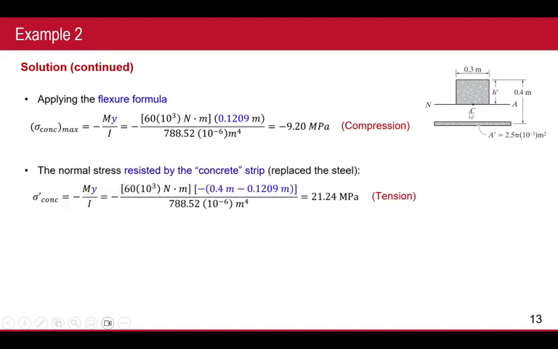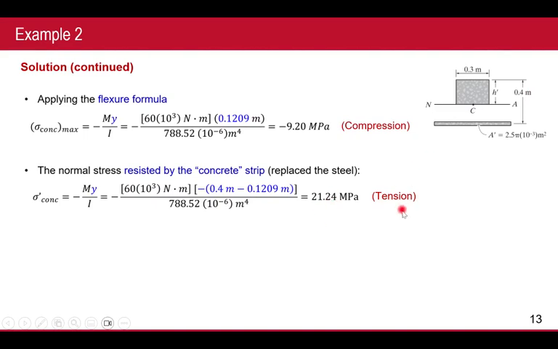Then later on, we can work on the normal stress under the bottom one, because it's from the transformed concrete. It's not real. It's transformed concrete. That's why I say sigma prime concrete, which means concrete after transformation. So negative My over I, we can still work out as 21.24 megapascal.